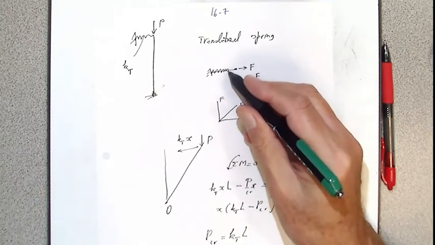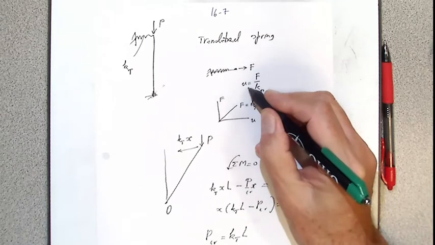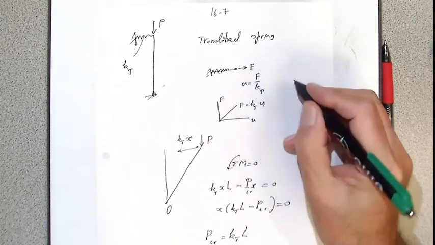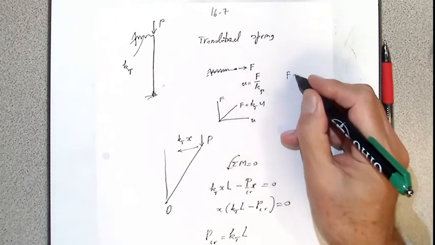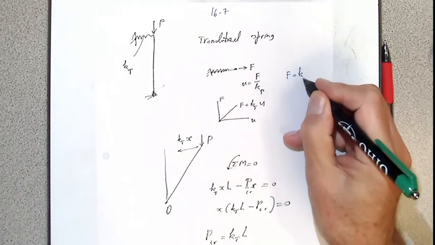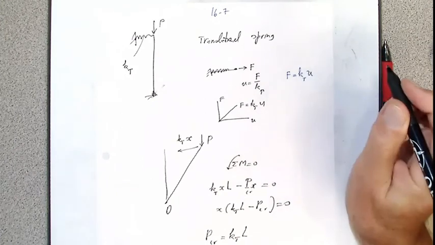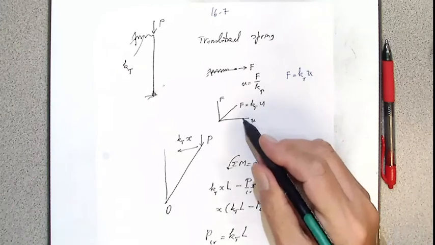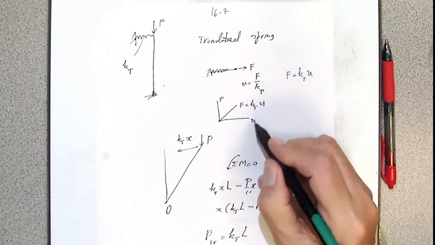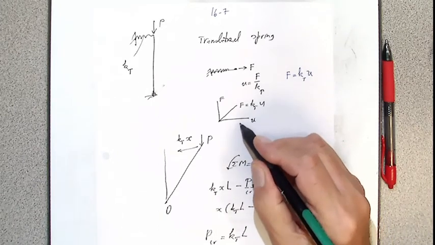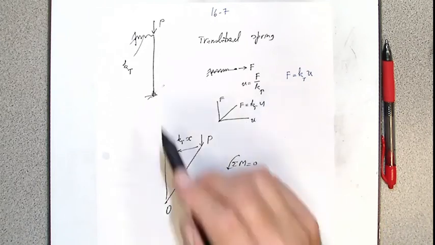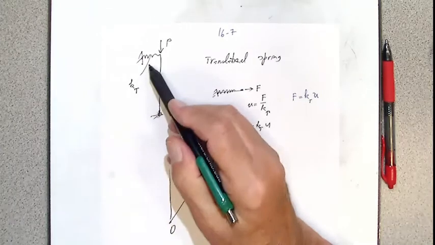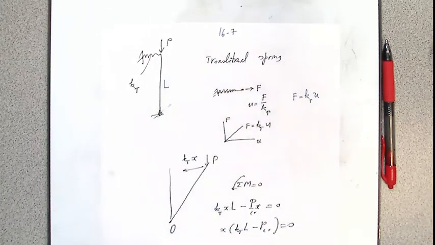So if I have such a spring, displacement is proportional to the load, or F equals K translational U. Okay, imagine that we have here a translational spring and length equals L.